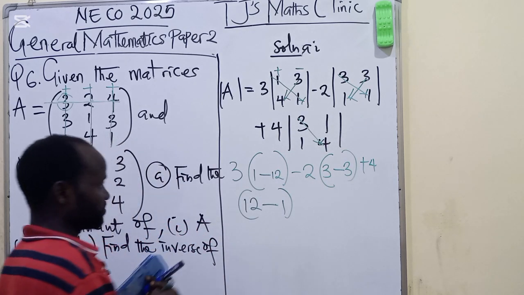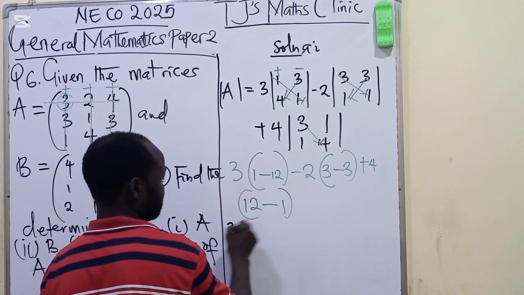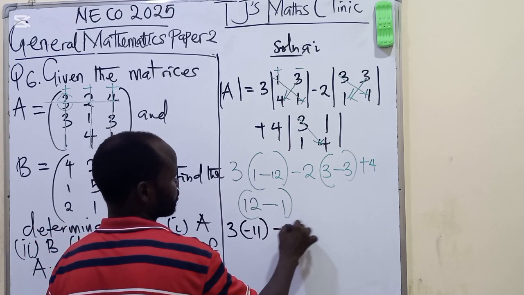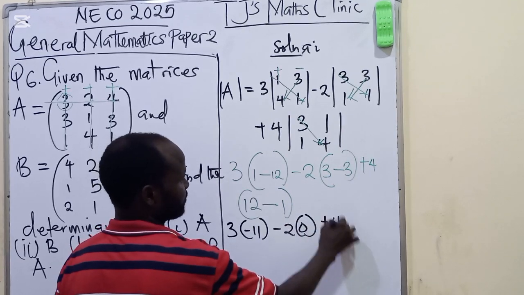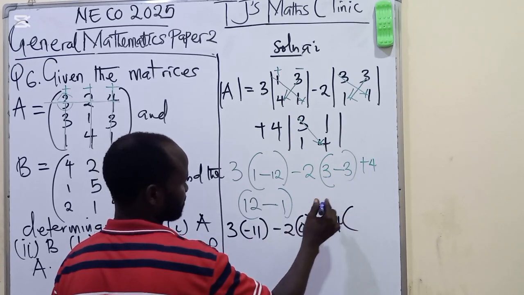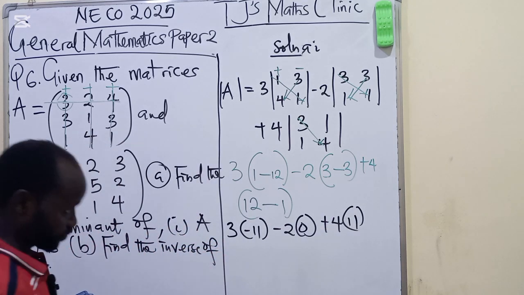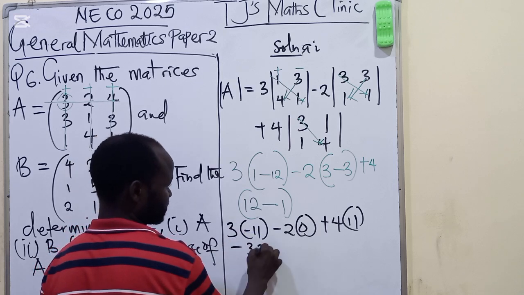We close the bracket. Very important. We have 3 into 1 minus 12, which is minus 11. Minus 2 into 3 minus 3 will be 0. Plus 4 into 12 minus 1, of course it will be 11. Minus 11 times 3 will be minus 33.